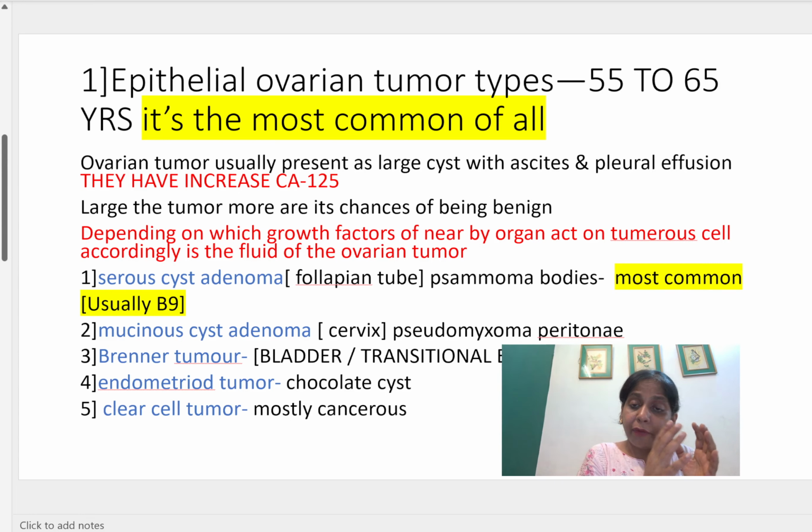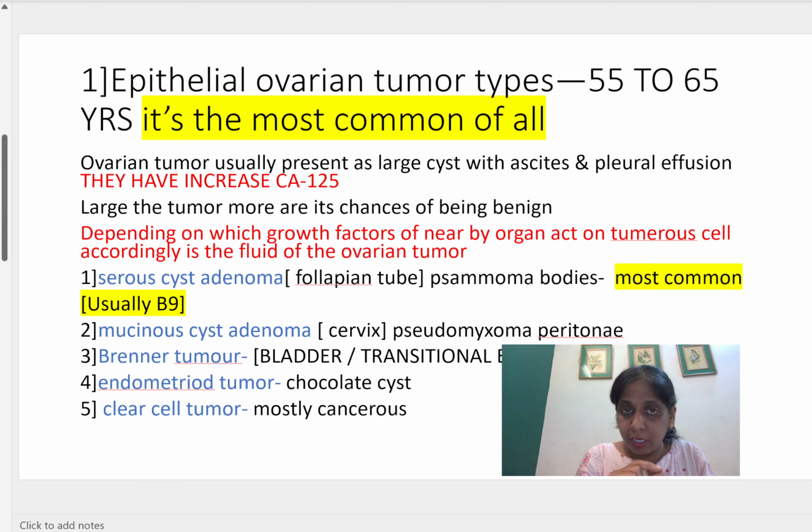So when that epithelial ovarian cell is becoming tumorous, becoming neoplastic, the growth factors of the nearby organ that influence that growth will decide the nature of the cystic fluid.